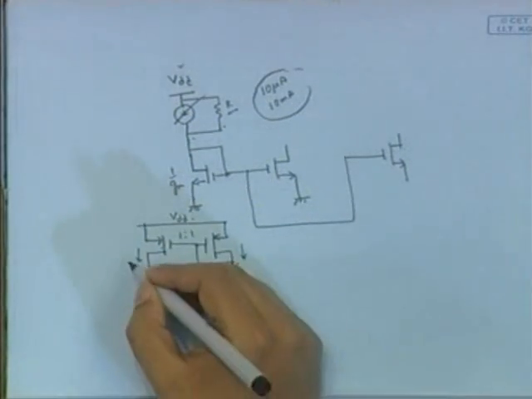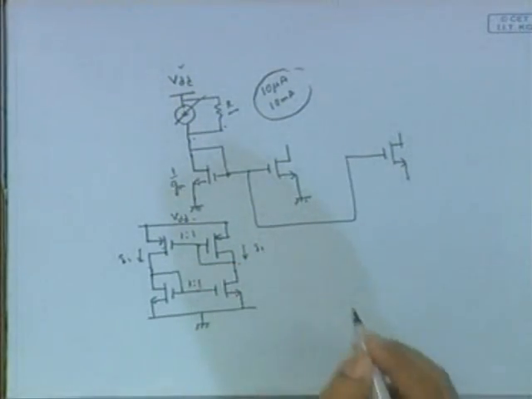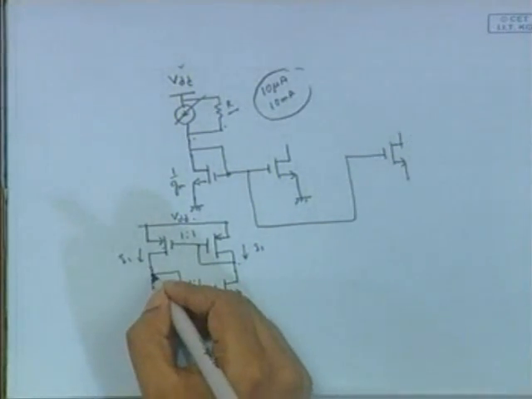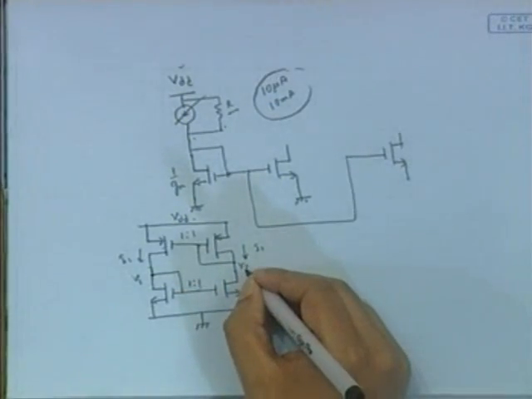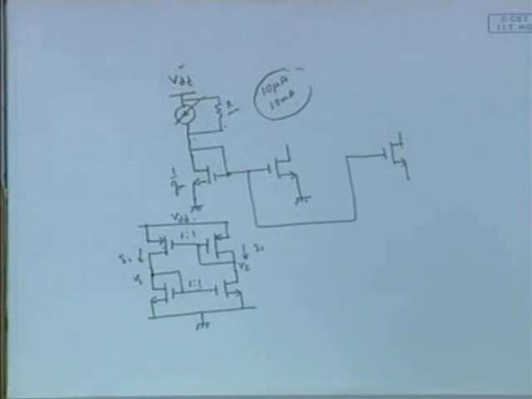If this is I1, this is I1. Another important assumption that you can carry out is that the voltage at this node V1 should be equal to the voltage at this node V2. How can you prove this?